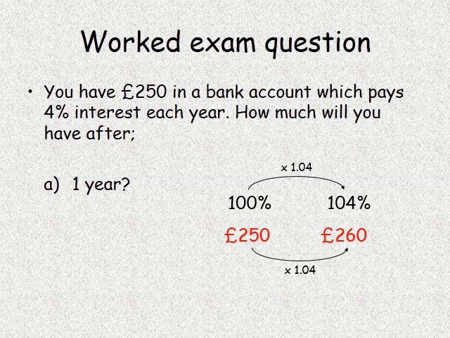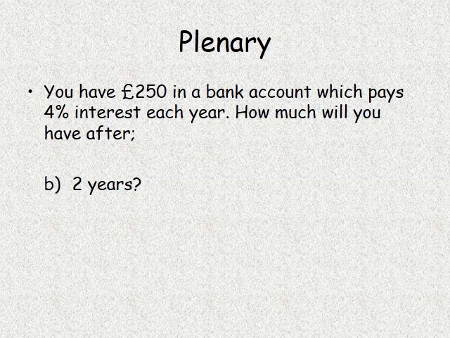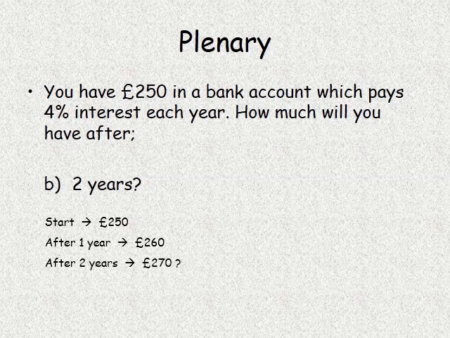So it has increased by £10. So how do we calculate year 2? So remember we had 250, then after 1 year it's 260. So do you think it is going to be 270 because we had a £10 increase? That is the question.